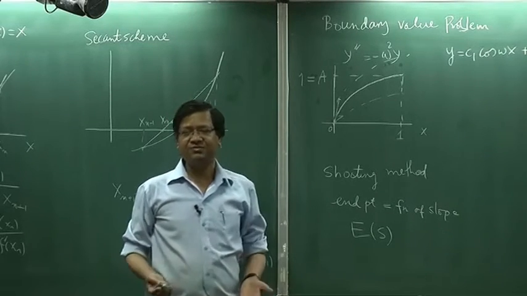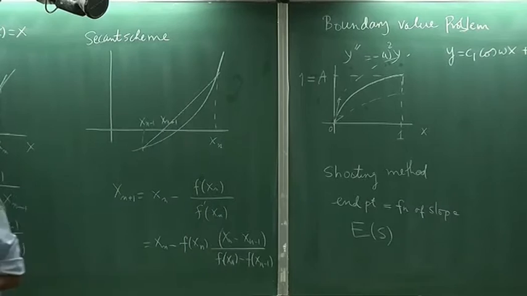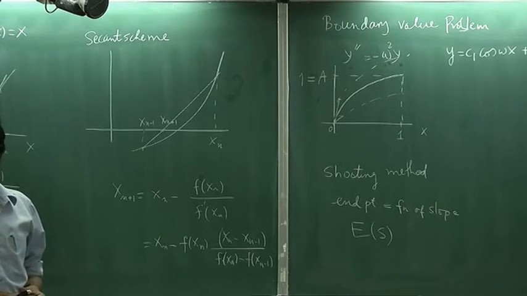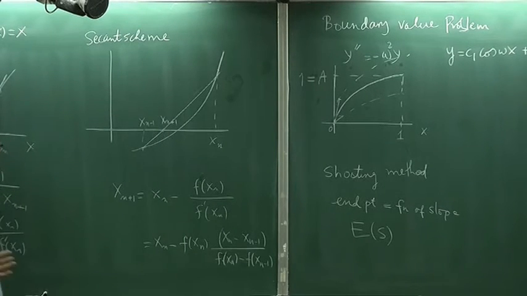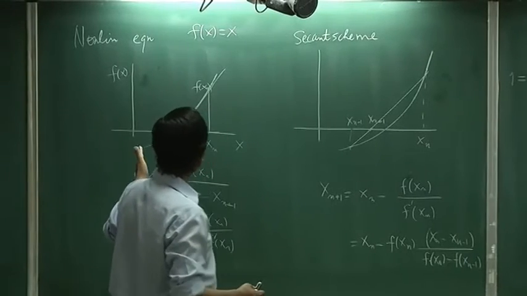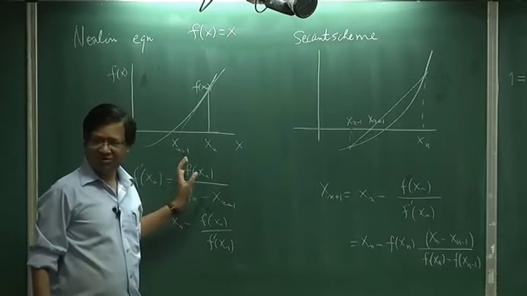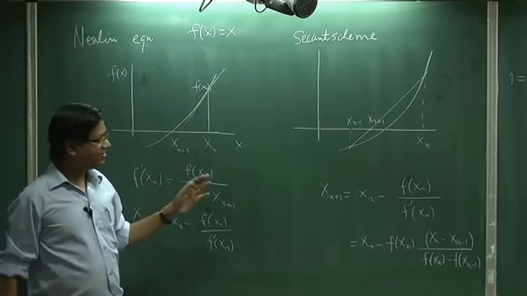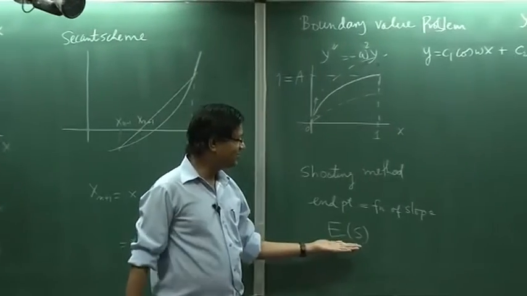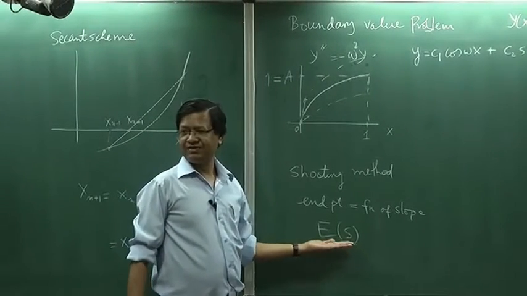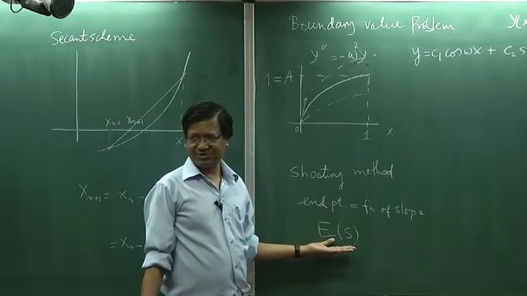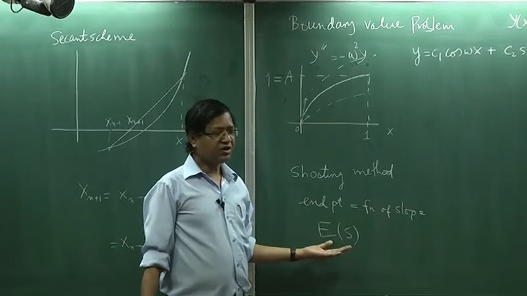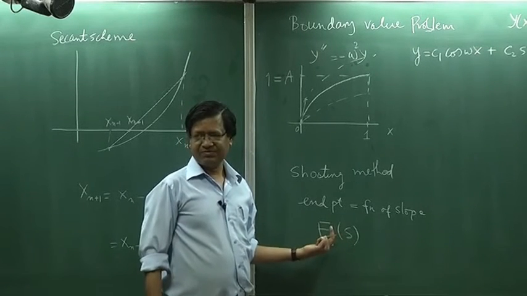Okay, is that clear? It is very simple actually. So what scheme should I use? I can use one of these schemes where the Newton method is not good. Why? Because I can't compute the derivative. This is a function, but I can't compute the derivative. So I can use the midpoint scheme.